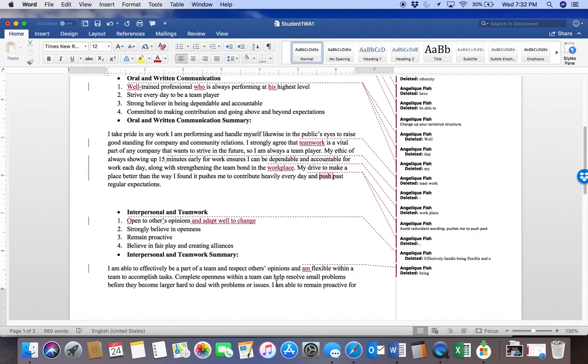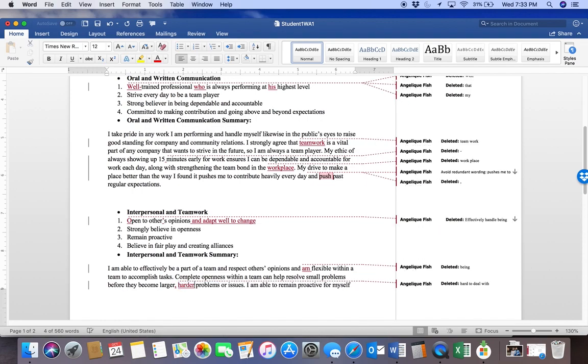Complete openness within a team can help resolve small problems before they become larger, hard to deal with larger. So I think what it's saying, so before they become larger, comma, and then hard to deal with is actually coming together to form one word that describes.